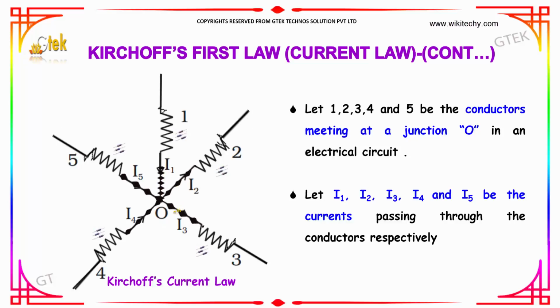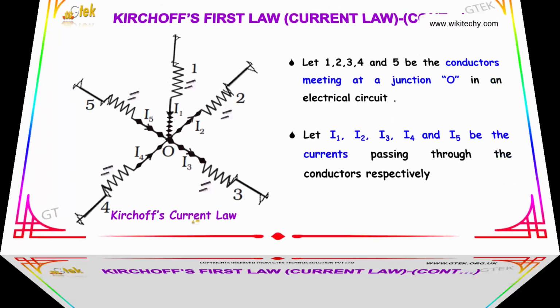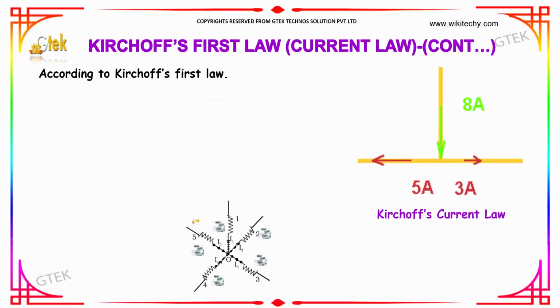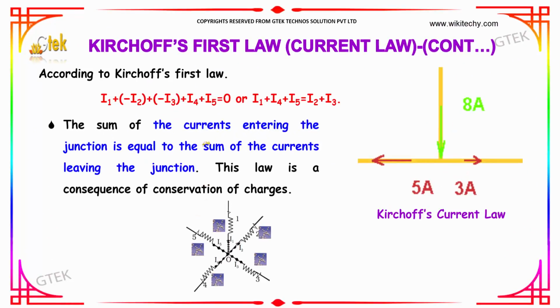And I1, I2, I3, I4 and I5 will be the currents passing through the conductors respectively.